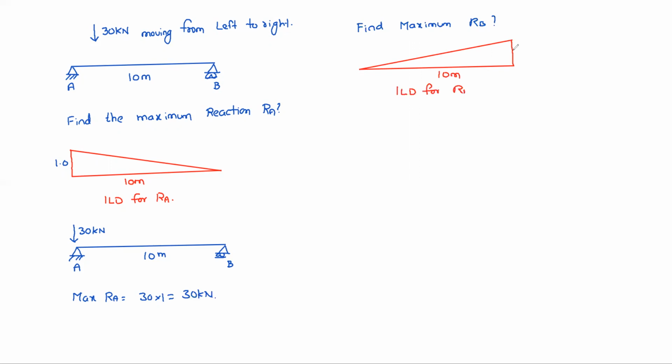And the load position must be like this on the simply supported beam. The 30 kilonewton load you need to keep at the maximum ordinate to get maximum reaction. So the load should be at the right end. So now maximum RB equals 30 into 1, that equals 30 kilonewtons.